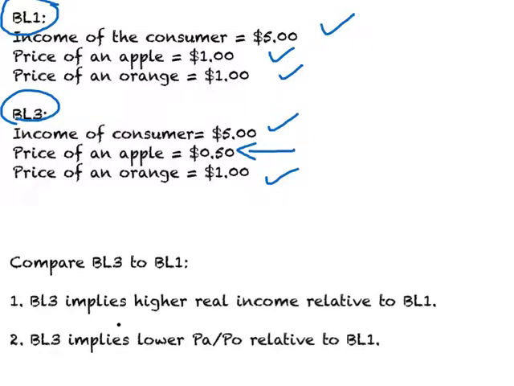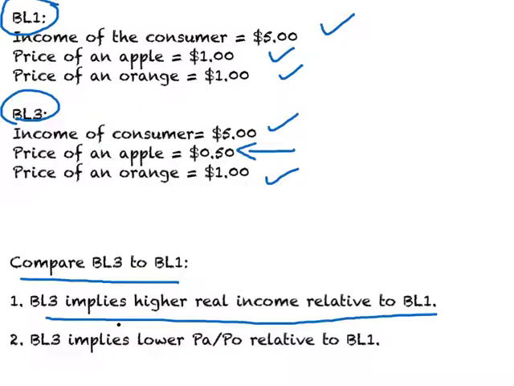Now this is something you'll remember when we discussed budget lines and we compared them. When we compare BL3 to BL1, what we find is the following. BL3 implies higher real income relative to BL1. So if everything else stays the same and price of one good falls, you'll have more purchasing power, or you have higher real income.